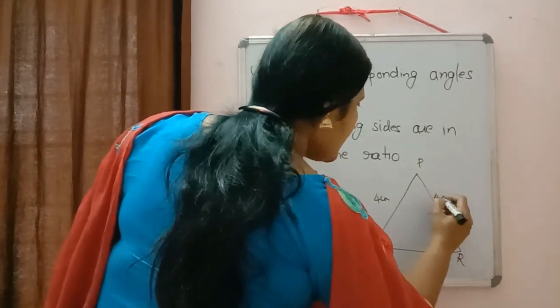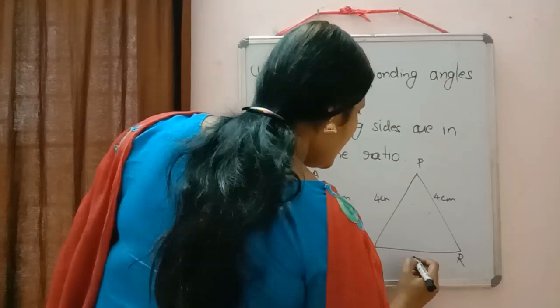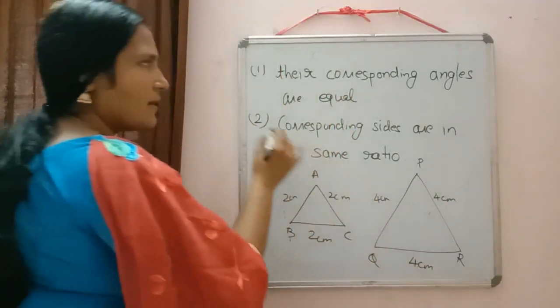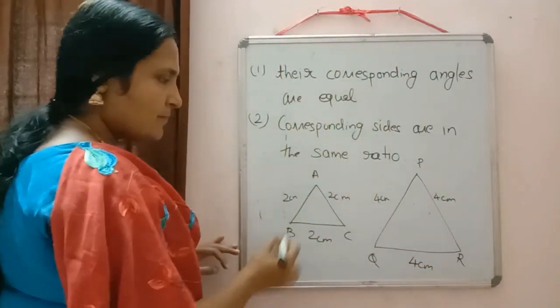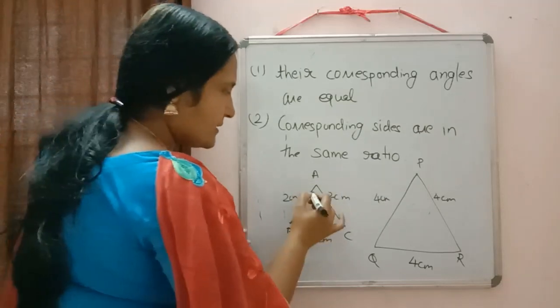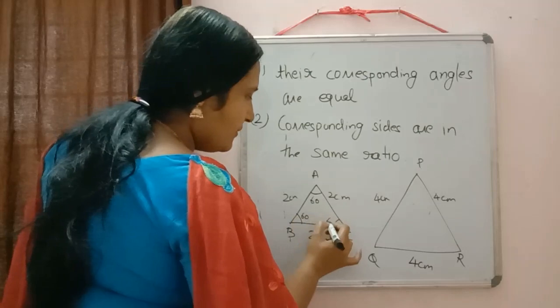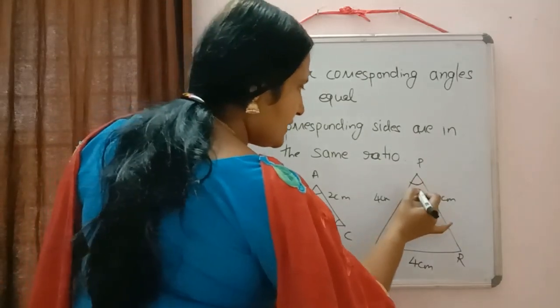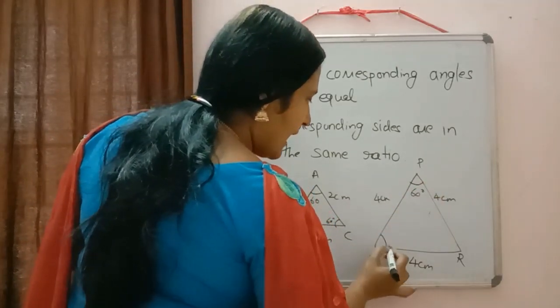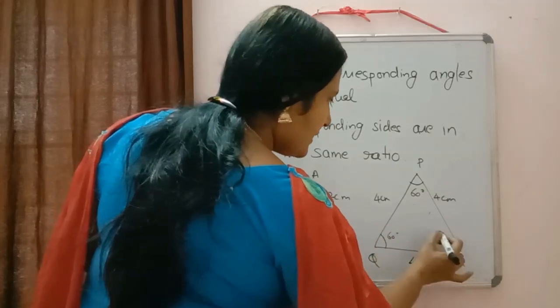Now I said corresponding sides should be in the same ratio. First one, corresponding angles are equal. In equilateral triangle, what is the measurement of each angle? Each angle is equal to 60 degrees. So in this triangle also, each angle should be equal to 60 degrees.